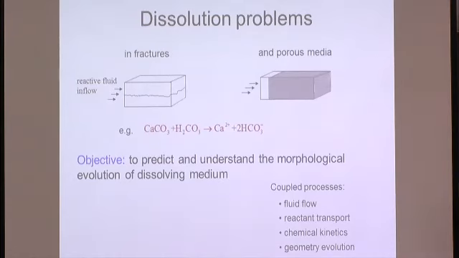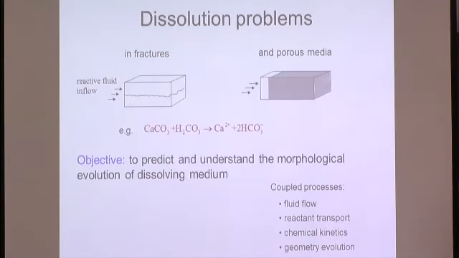And if this fluid is carrying some reactant, for example, if this piece of rock is calcite or limestone, and the fluid contains some acid, like carbonic acid in this case, then in many cases this reactant is able to dissolve the rock surfaces, in that way changing the geometry of the system.